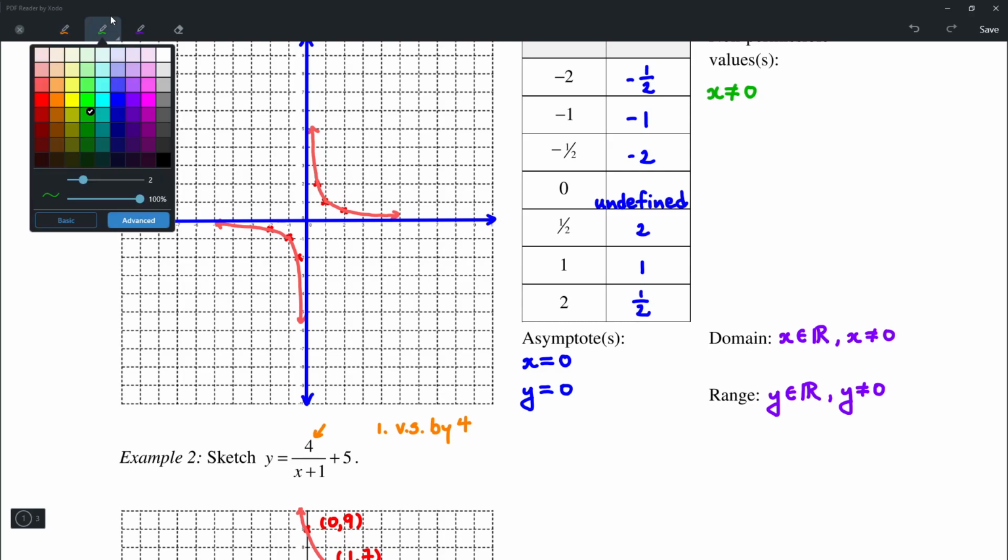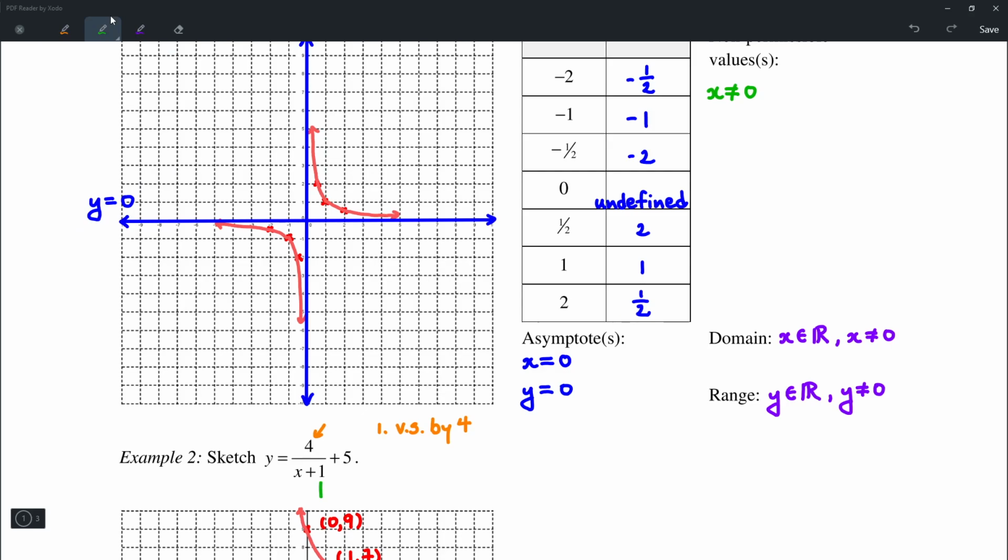The second is this plus 1 here, which will shift the graph left 1 space. And finally, we have a plus 5, which translates the graph up 5 spaces.